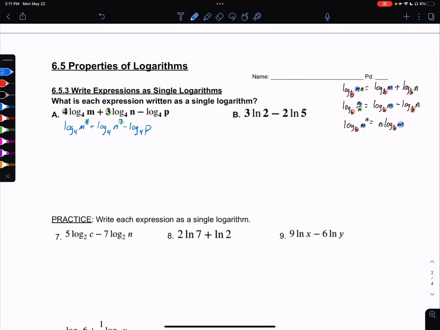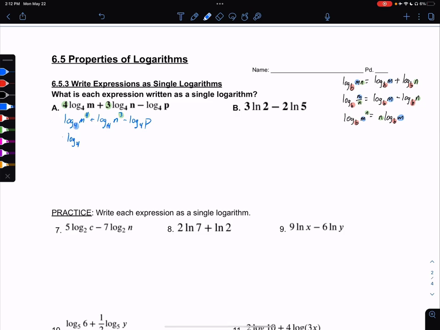Now, we did the powers property, so we have 3 terms. We have addition between the first 2 and subtraction between the second and third term. You basically follow your order of operations. So the first thing we would do is combine the first and second expressions. Since they're being added, that's our first property. That means we can multiply our numbers. So we're going to rewrite this as log base 4, and it's important to note we can do this because they have the same log base.